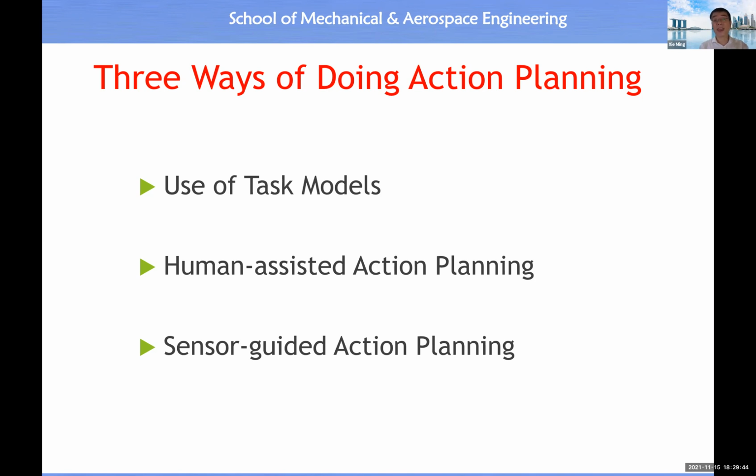And the second way is to leverage human assistance to do action planning, because today it is still a challenge for a robot to read the action description in human language. And in future, our research is to achieve the third way of doing action planning, which means we use a sensor to guide the robot to do action planning.